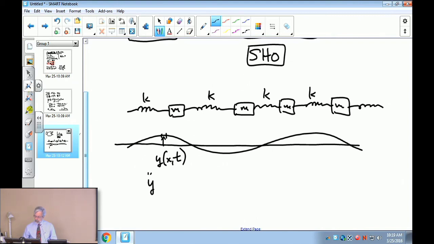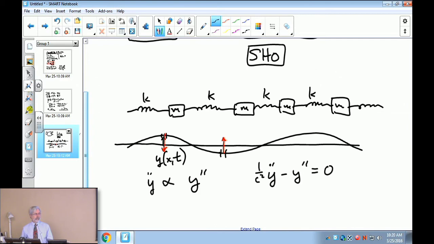At this point here, its upward curvature is going to pull that section up. So there's a net force down here and a net force that's up. And the force is proportional to the curvature, that is, the second derivative of y with respect to x. And that's the wave equation. There you see y double dot with a factor of the speed squared times y double prime. This is the wave equation in one dimension.